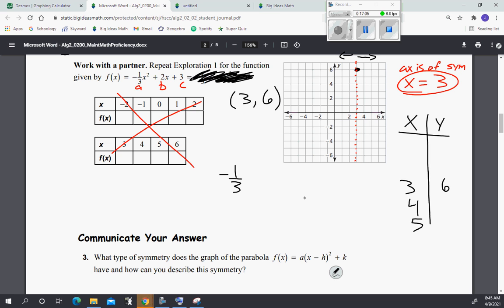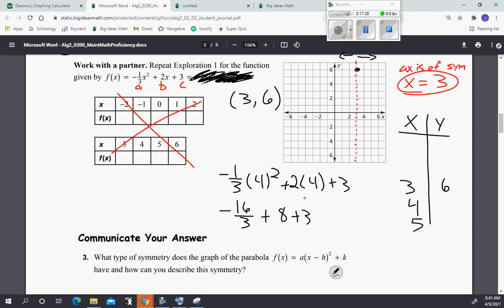Negative 1/3 times 4 squared plus 2 times 4 plus 3. 4 squared is 16. So we're going to get negative 16 over 3 plus 8 plus 3.